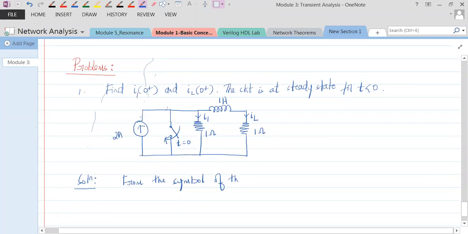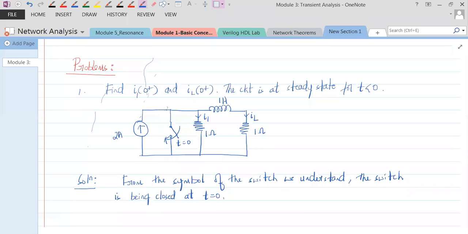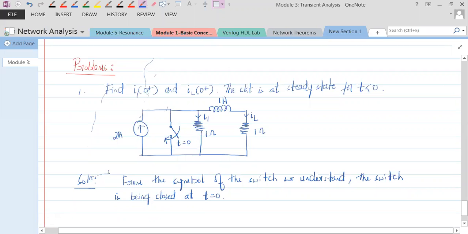From the symbol of the switch, we understand this switch is being closed at t equal to 0, which means that it was open for t less than 0.